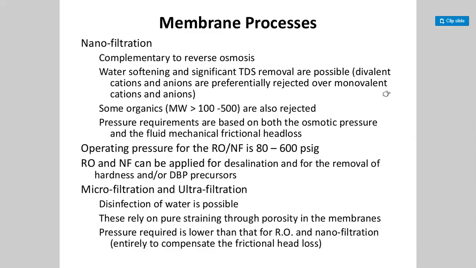Pressure requirements are based on both the osmotic pressure and the fluid mechanical frictional head loss. Operating pressure for RO or NF is 80 to 600 PSIG. RO and NF can be applied for desalination and for the removal of hardness and DBP precursors.